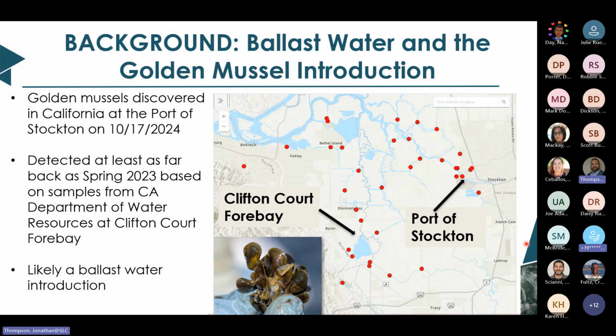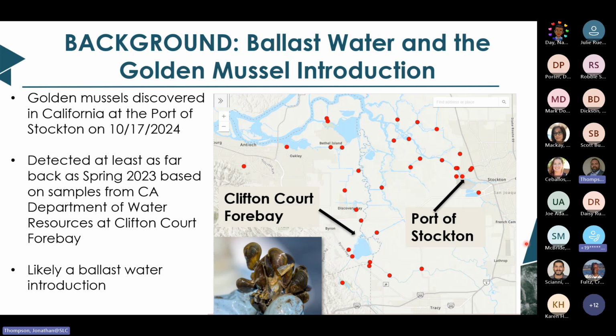It was detected in environmental DNA water samples that were analyzed as far back as spring of 2023, and those samples were from the Clifton Court Forebay, and they were analyzed by the California Department of Water Resources.